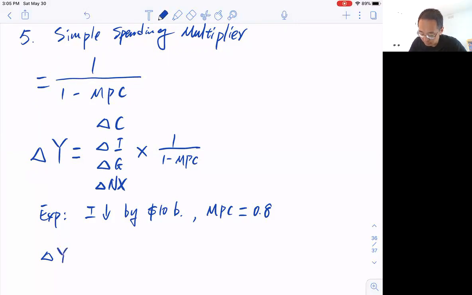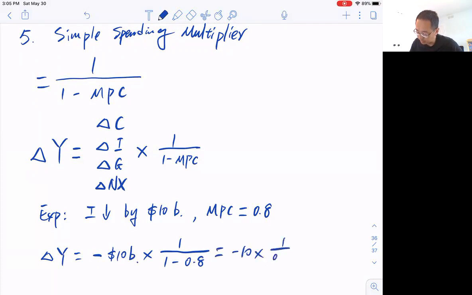So the change in Y is going to be negative $10 billion, remember, because this is a decrease of $10 billion, times 1 divided by 1 minus 0.8, okay? And that equals negative $10 billion times 1 over 0.2, which is negative 10 times 5, and that gives you negative $50 billion.